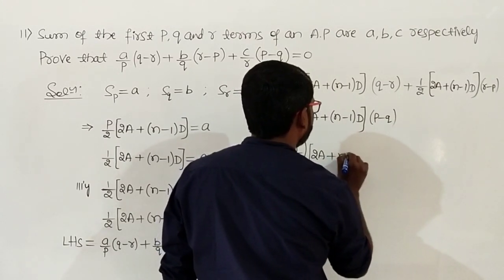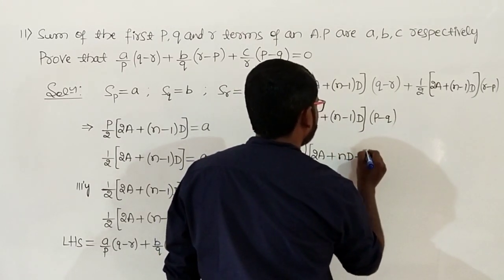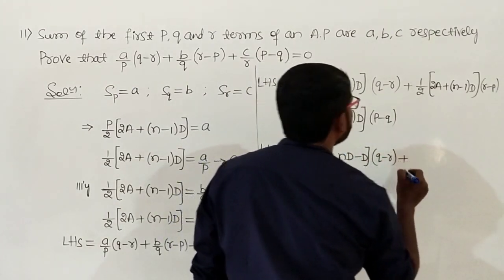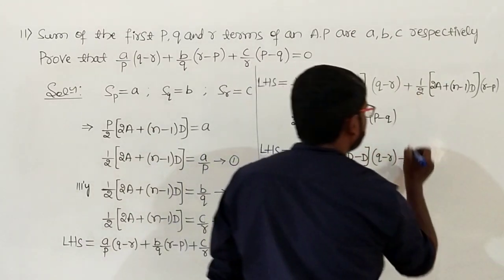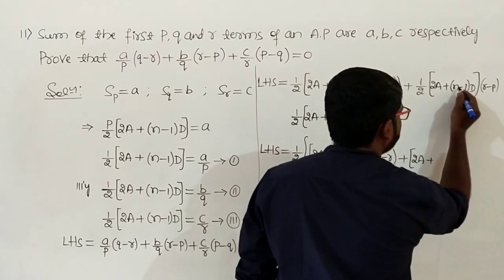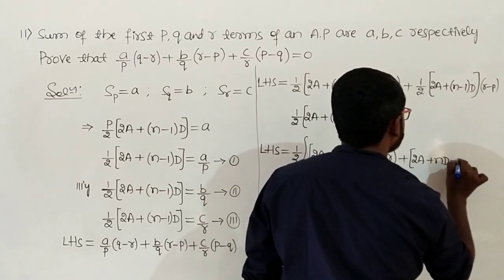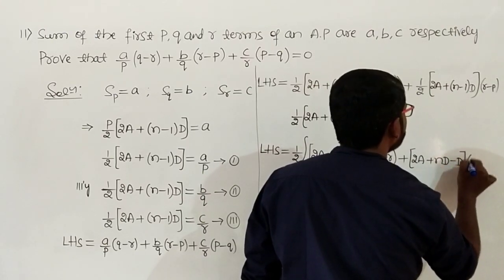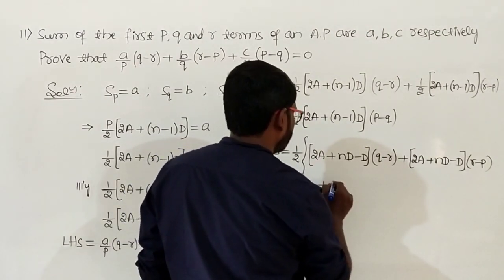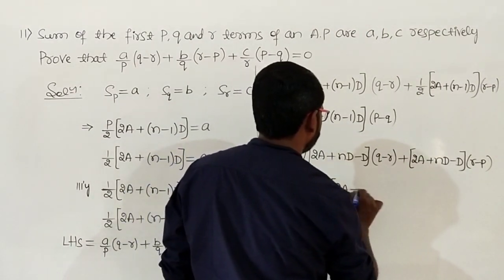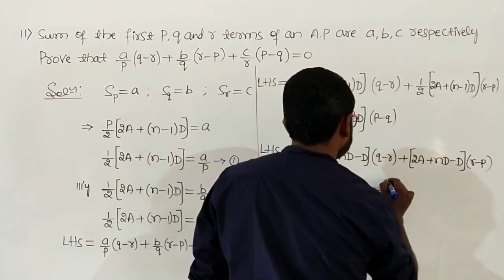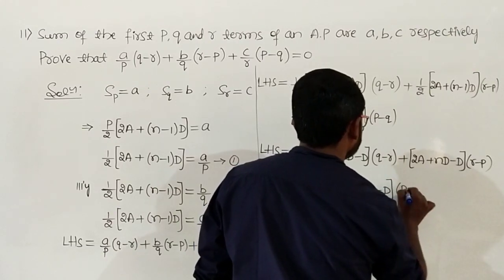You get nd minus d, and then it is q minus r, then plus 1 by 2 we have taken common, then write 2a as it is, 2a plus n, multiply d with these two terms, you get nd minus d, and then into r minus p, and then plus, so we get 2a plus nd minus d, and then it is p minus q.